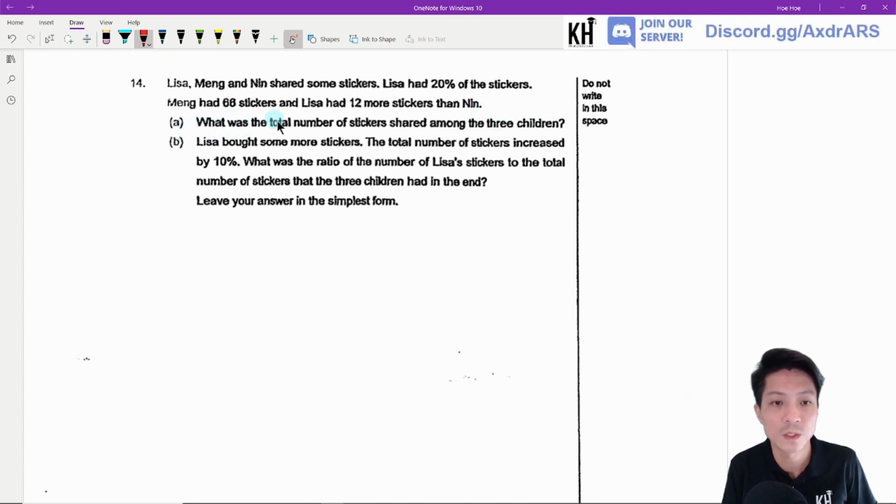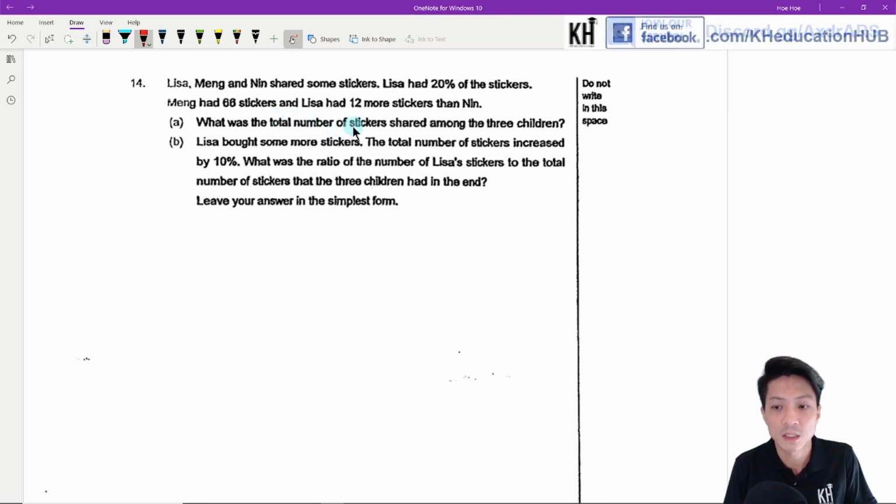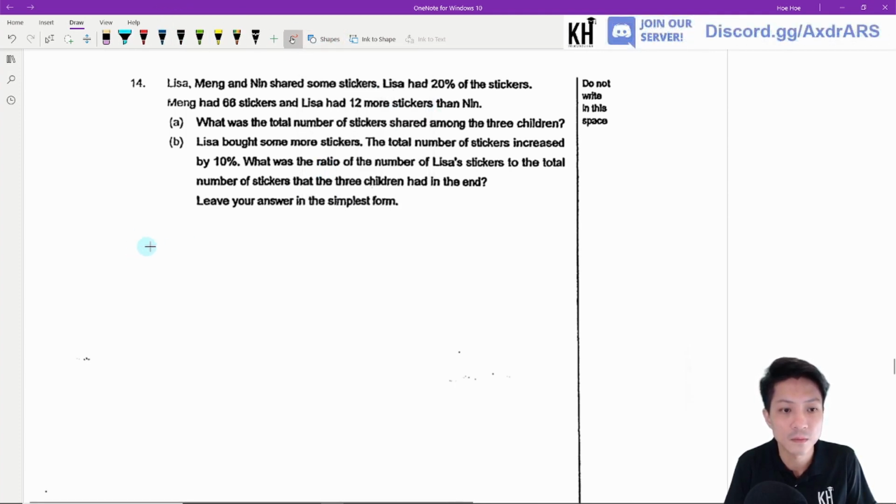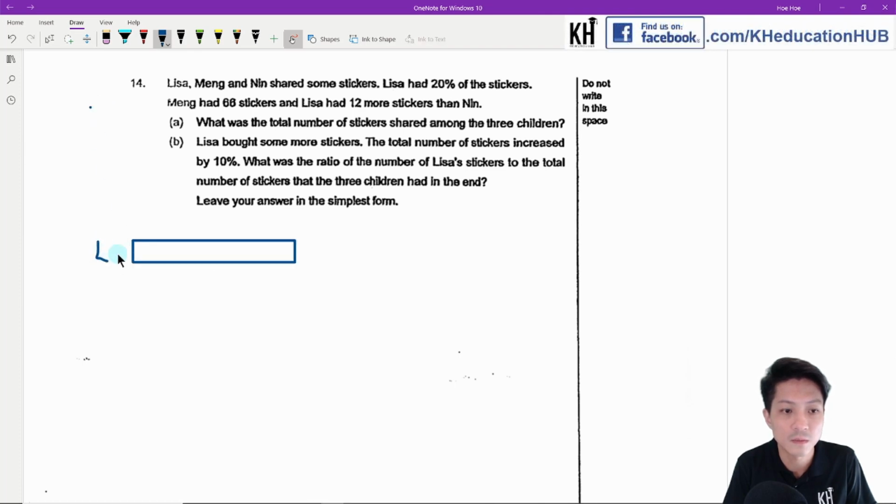Okay, part A, what was the total number of stickers shared among the 3 children? Okay, I'm gonna draw a model. Okay, so this is for Lisa.